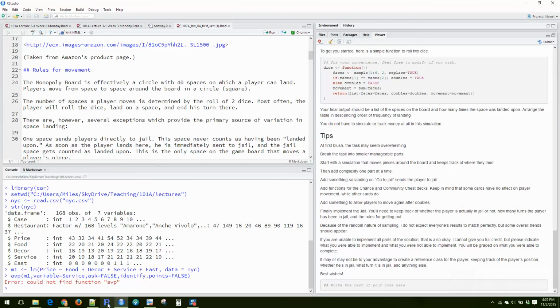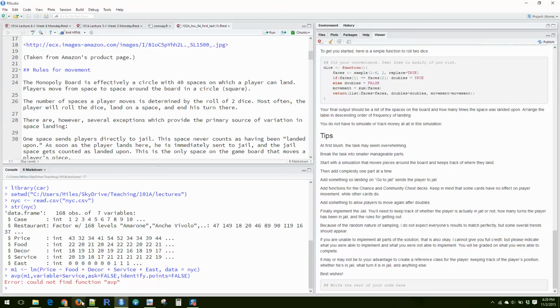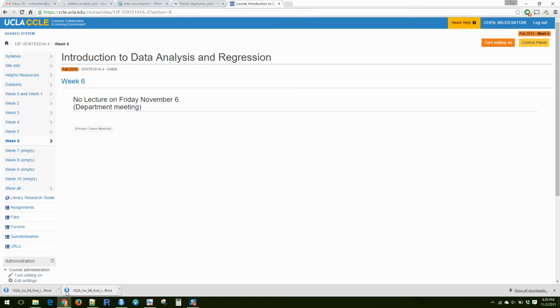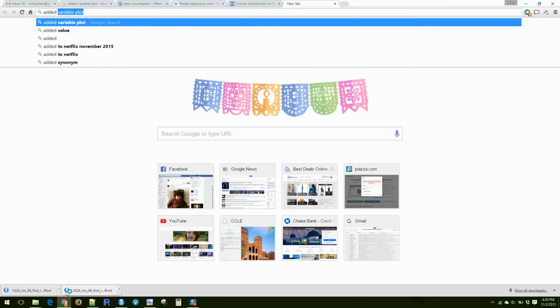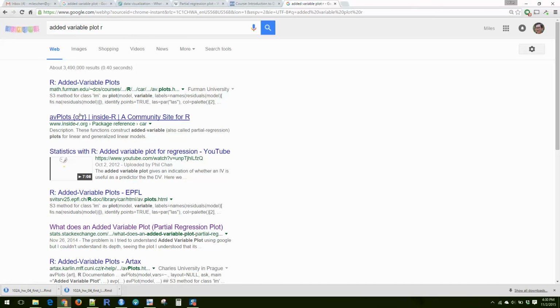And all you have to do is specify the... This doesn't work. Why is this not working? Hang on, sorry. Added variable plot R. avPlots.